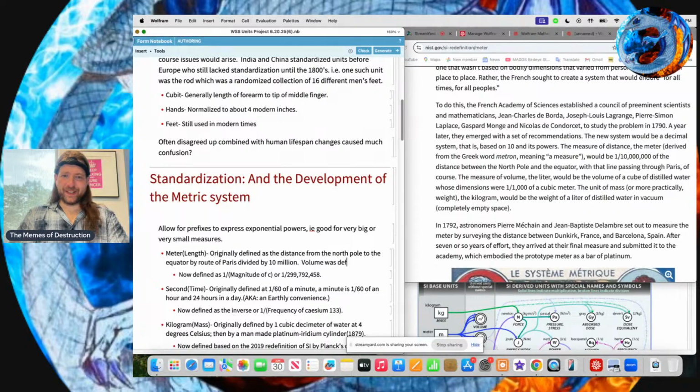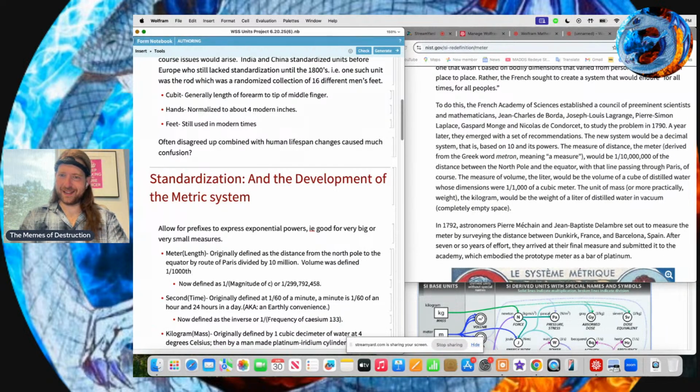Volume was defined as 1/1000th of a cubic meter of distilled water.